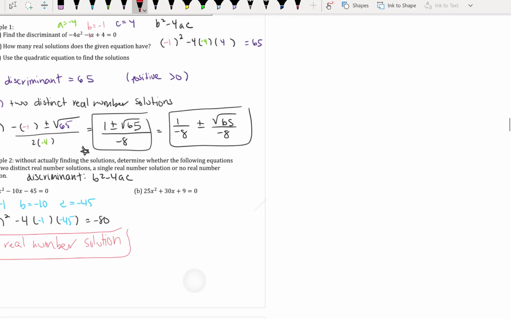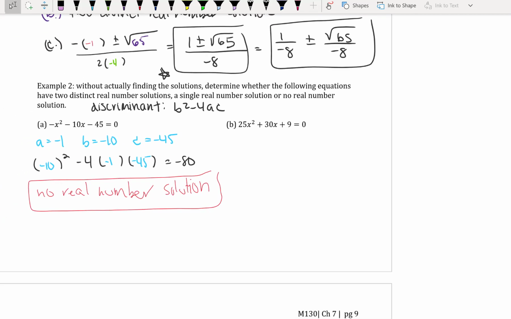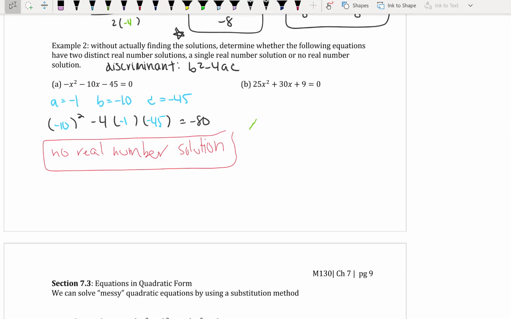We're going to do the exact same thing with part B. Here I'm going to have my a value as 25, my b value as 30, and my c value as a positive 9. Now when I plug it in, I have b squared minus 4a times c.